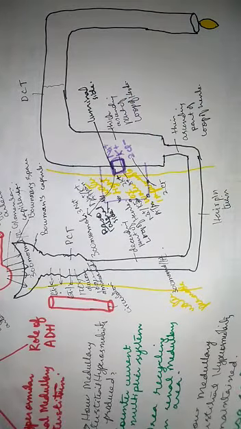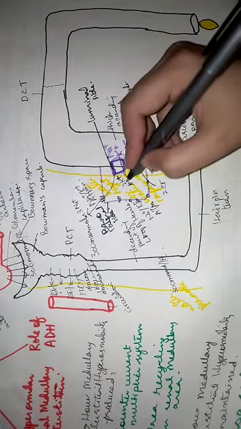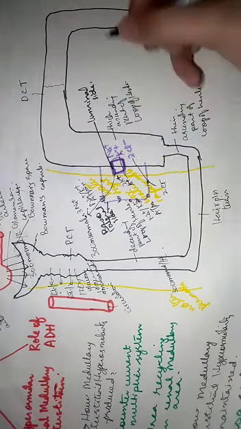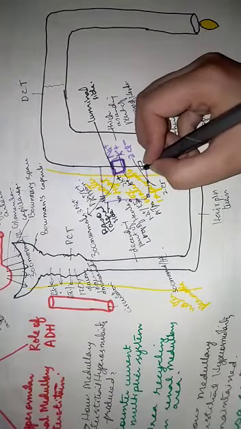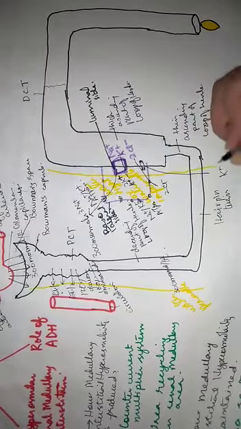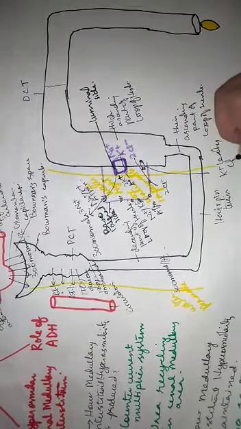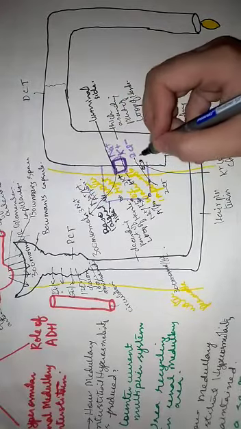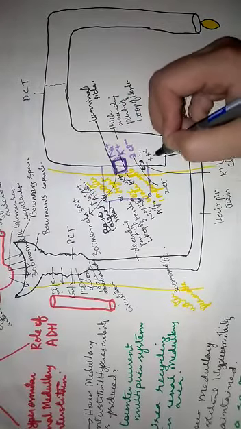But the cell becomes very rich in potassium. Now potassium has to leak back. So on the luminal side, there are certain channels present which are known as potassium leaky channels. Potassium leaks out here.